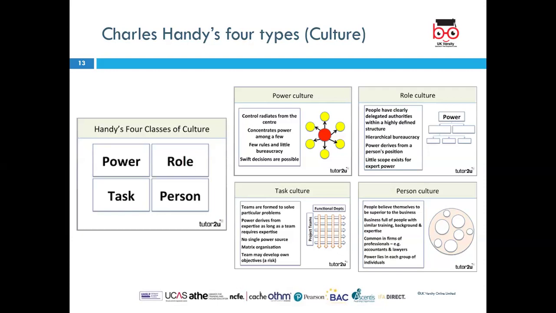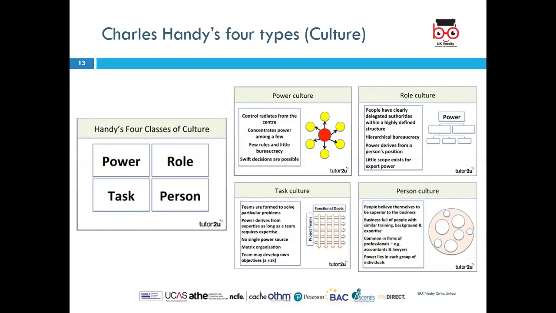The first one we'll talk about is power, as the name indicates. There is a center around which all the other things work. There's more power within the center, and there's less delegation, but that central power is the main focus.